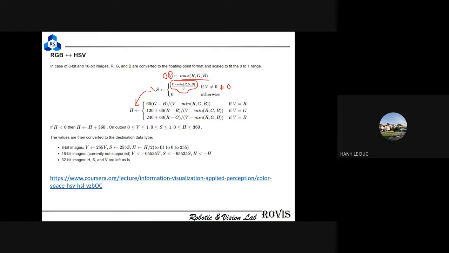If the maximum is the red value, you choose this equation, and if green, you choose this equation, and then for blue, you choose this equation. And then if the H calculation is smaller than 0, you have to add 360 degrees, and V and S values are always from 0 to 1. Okay, so this is the formula.